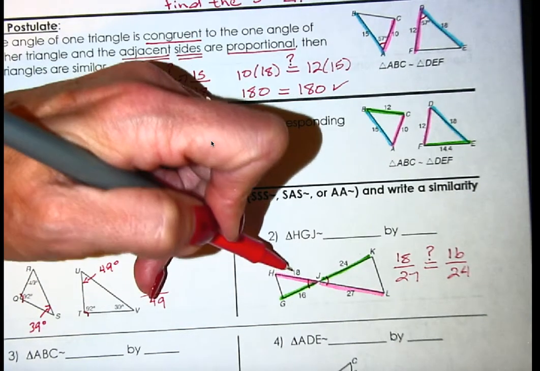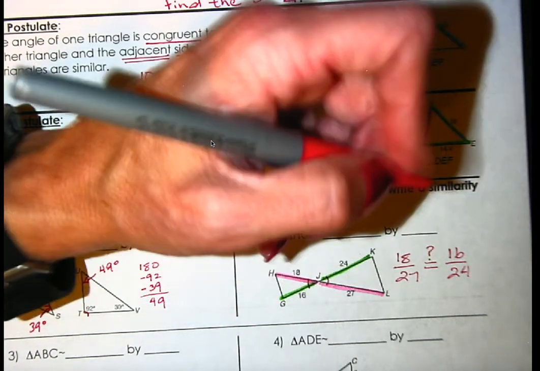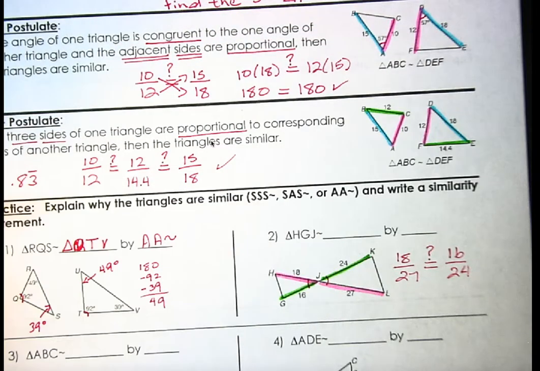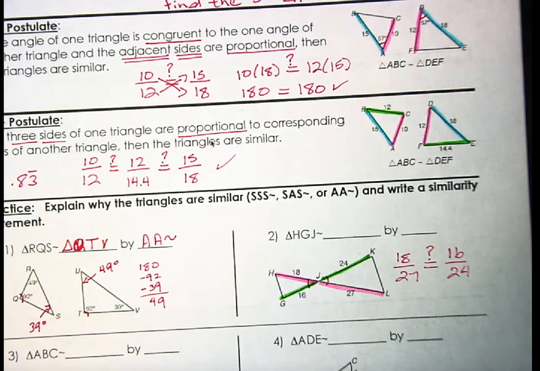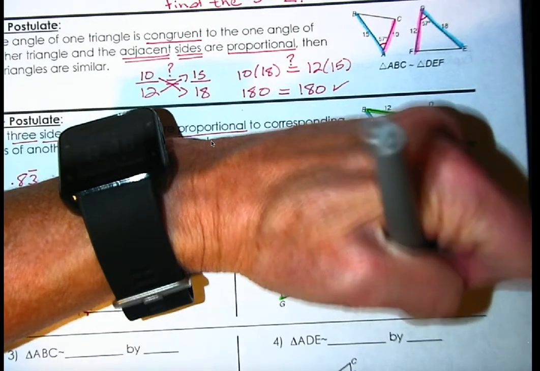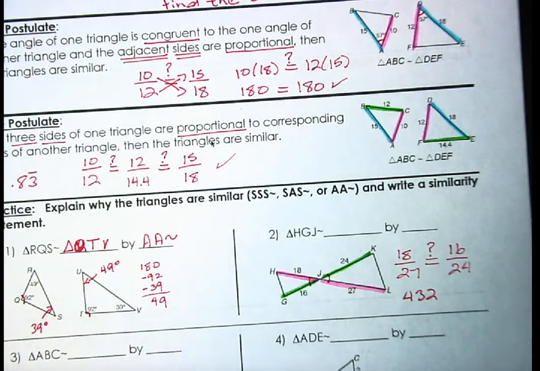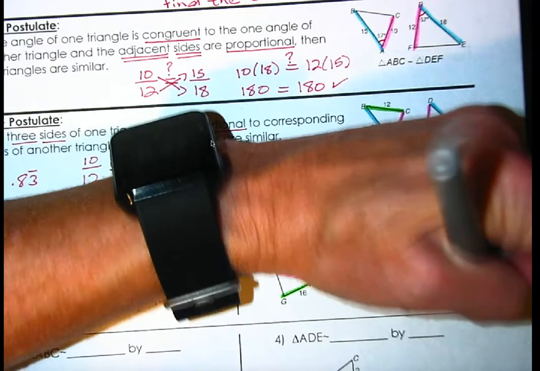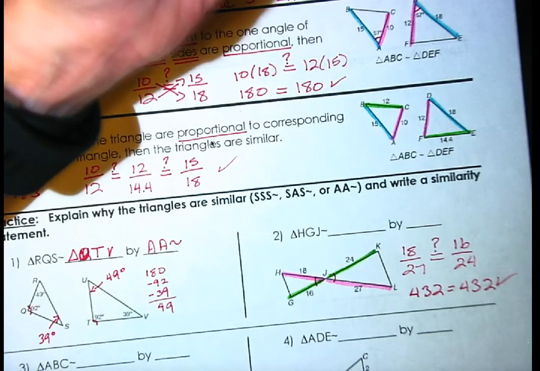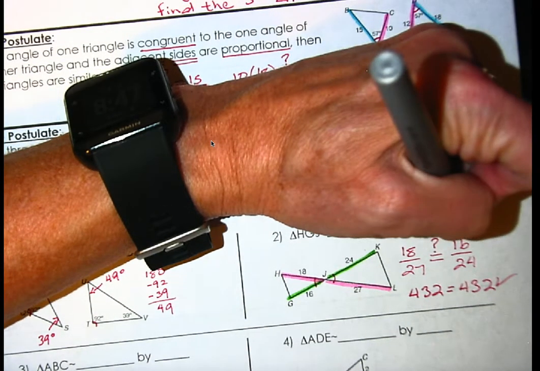Again, I went left over right equals left over right. When I cross multiply, I get 18 times 24, and that is 432. And when I do 27 times 16, I get 432. So it is good. So this would be side, angle, side, similarity.